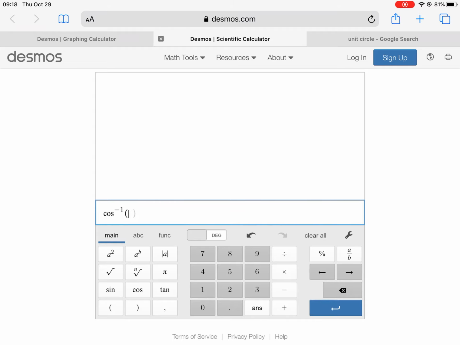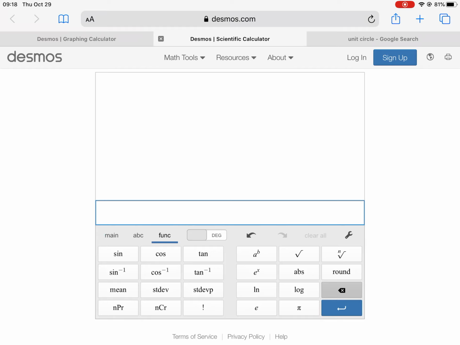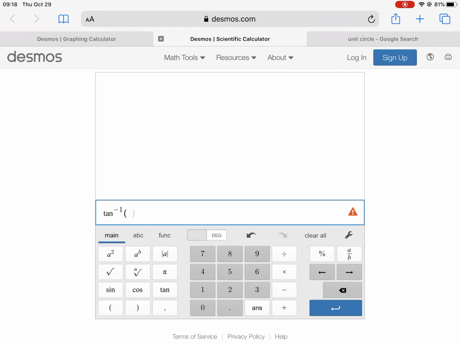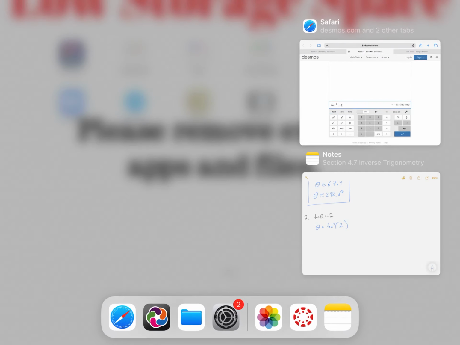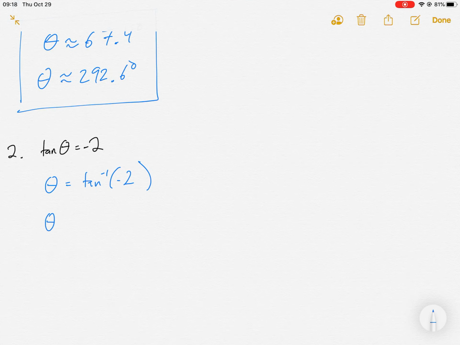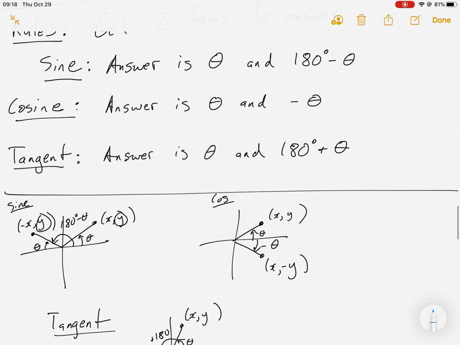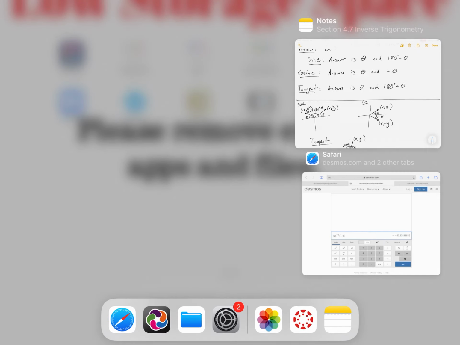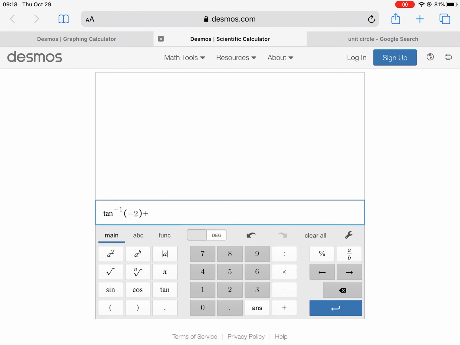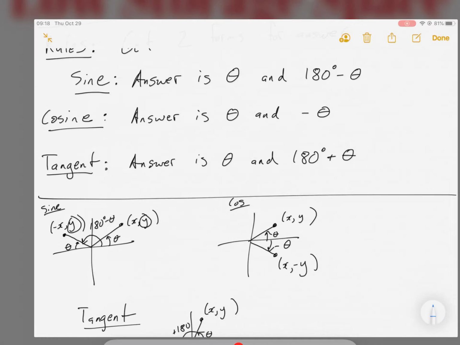Which is, if I can get there, tangent inverse of -2. So about -63.4 degrees. And then we said to find the other value for tangent, we just have to add 180 to it. So let's also add 180. So I get 116.6.